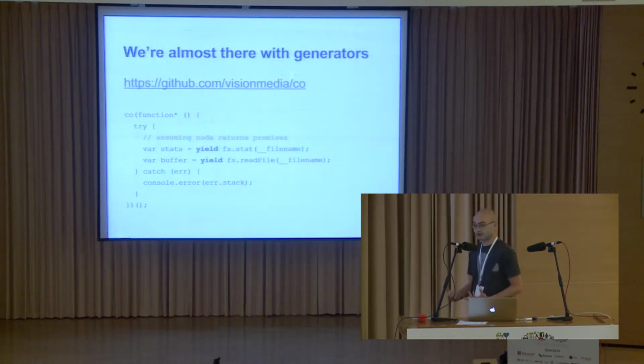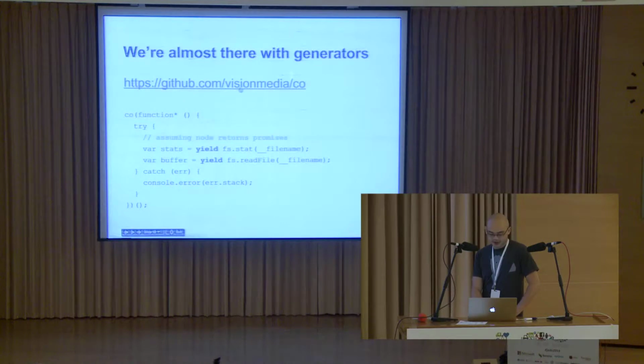We're almost there right now with generators. This is what Koa is based off of. This is also written by TJ Holowaychuk, and I help him maintain this. If you look at the code before, it's very similar.